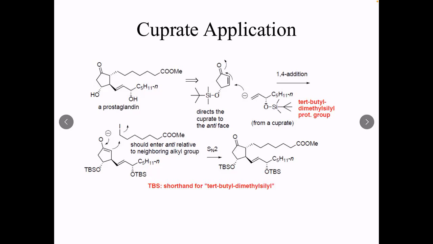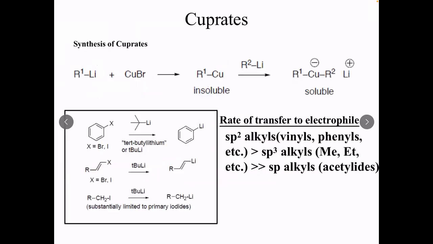And then the same thing here, when they add in the iodide, that also comes in anti to the substituent that is adjacent to it, like that, right? But again, this is a different type of technology, but the same outcome, which is to get to that prostaglandin.